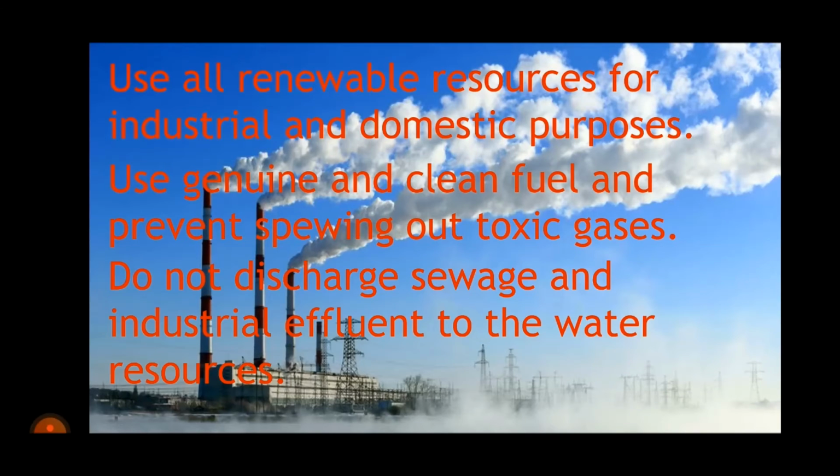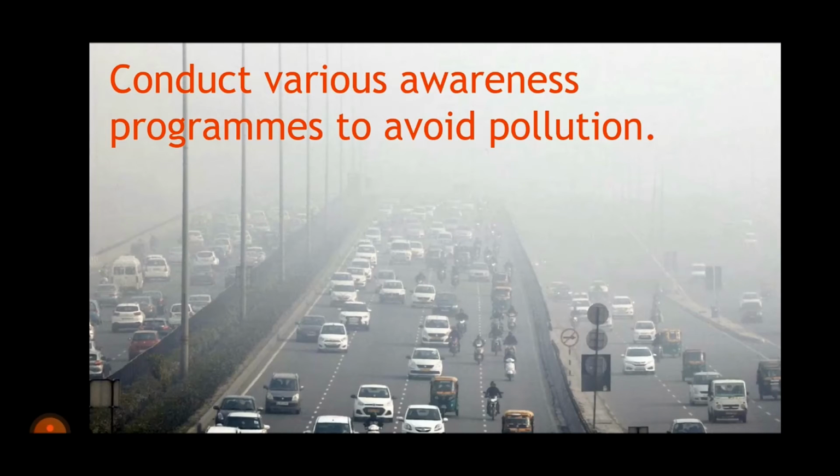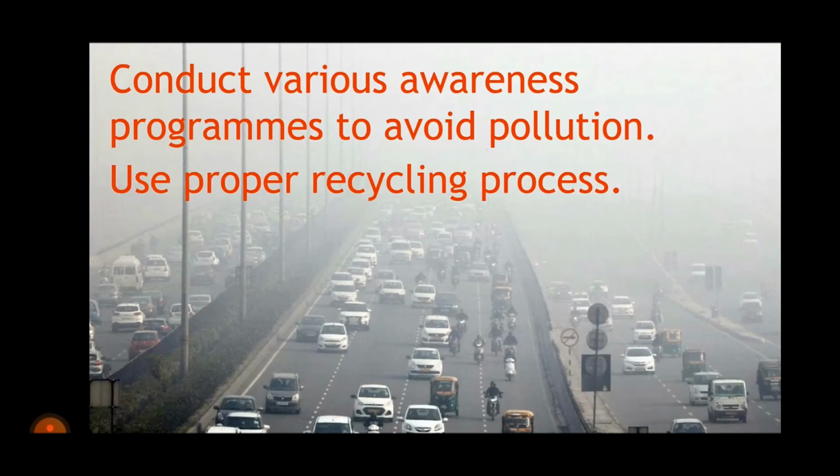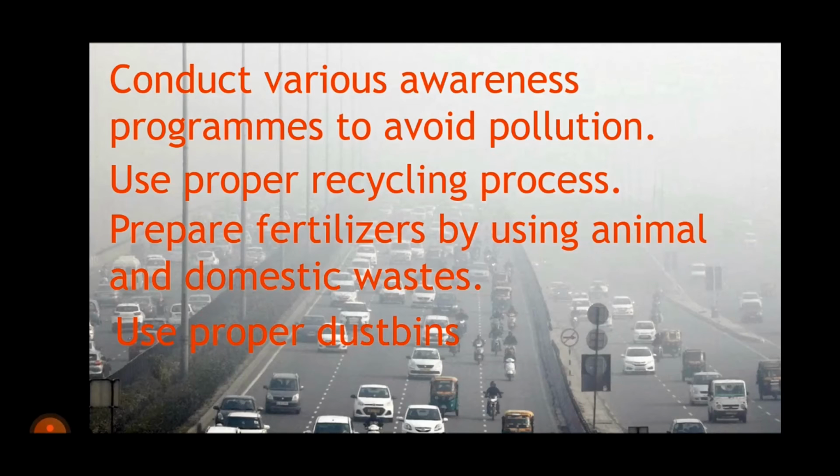Do not discharge sewage and industrial effluent to the water resources. Conduct various awareness programs to avoid pollution. Use proper recycling process. Prepare fertilizers by using animal and domestic waste. Use proper dustbins. This is how we have to try for the next question, that is how to avoid air pollution. I have given you some clue points. Using this you can write the recommendations as early as possible.